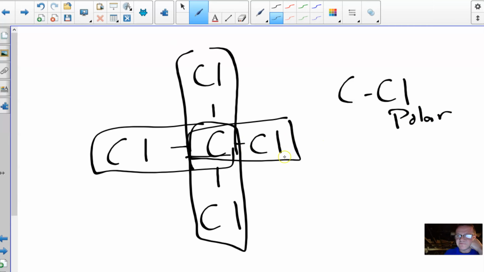So just individually, each carbon chloride bond is polar because there's an electronegativity difference of greater than 0.3.